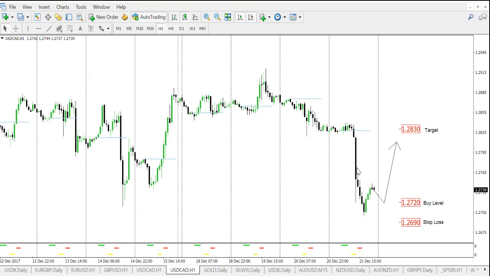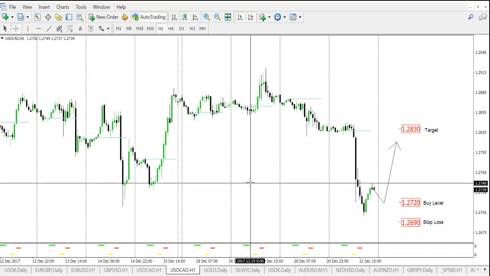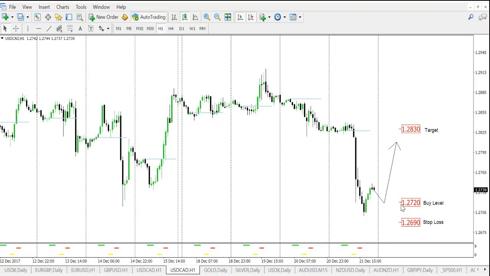But again, we can't be in front of the computer to do this. Let's say price comes down to 127.20 and I want to confirm that it's going to go higher. So let's say I want to put a buy order in at 127.50. Well, I can't put a buy limit order in when price is below 127.50 because it'll just instantly execute.